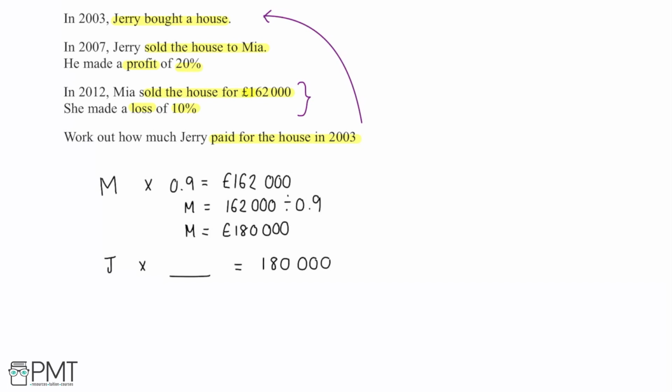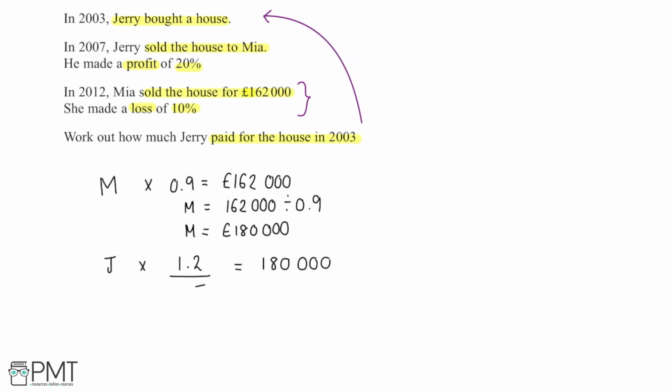Now he made a profit of 20%, so this multiplier that we need to put in this gap here is going to be 20% more than 100%. So that multiplier is going to be 1.2. So the amount that he bought it for times 1.2, because he made a profit of 20%, gives us the amount that he sold it for to Mia, which is 180,000.